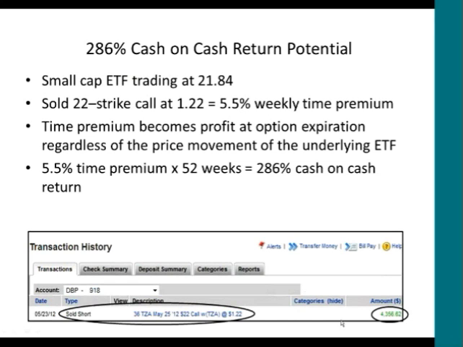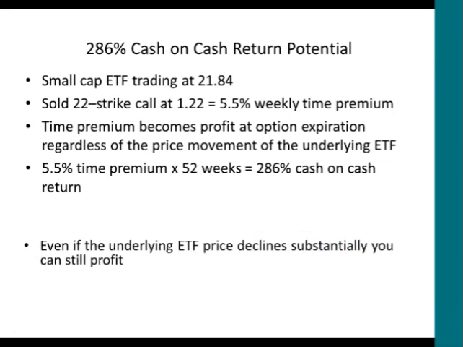For these 36 calls that I sold, I received $4,356 in cash into my brokerage account after commissions. So if I did that 52 weeks a year, collecting a similar premium, you're talking over 200% cash-on-cash return just by selling these calls each week.